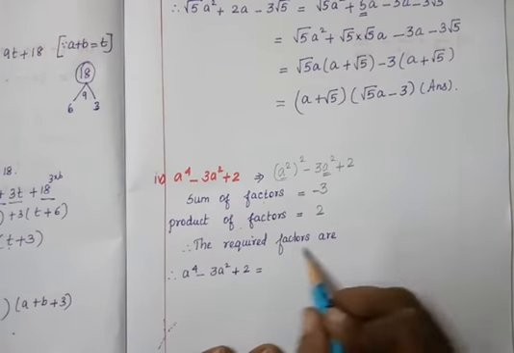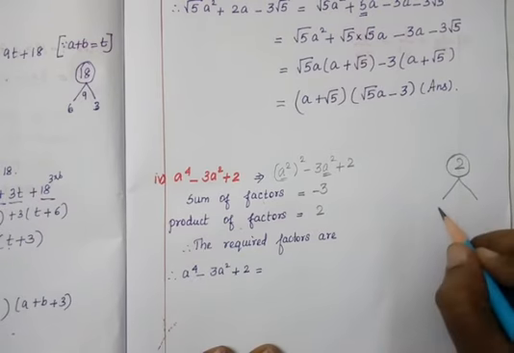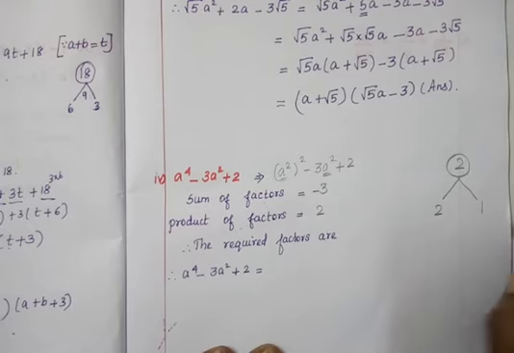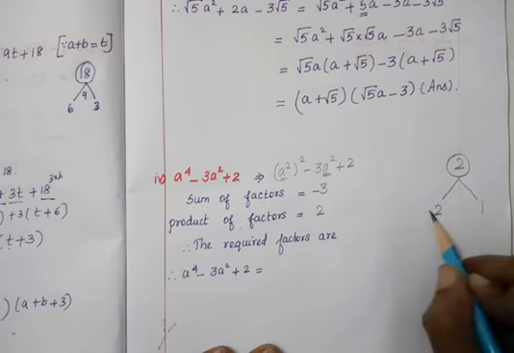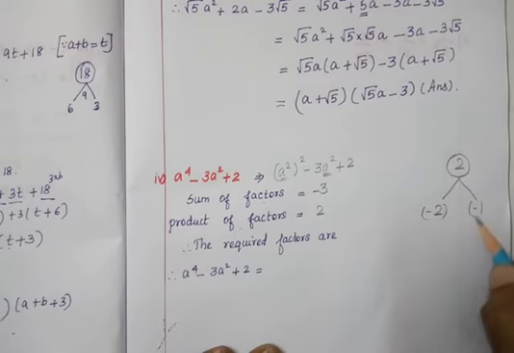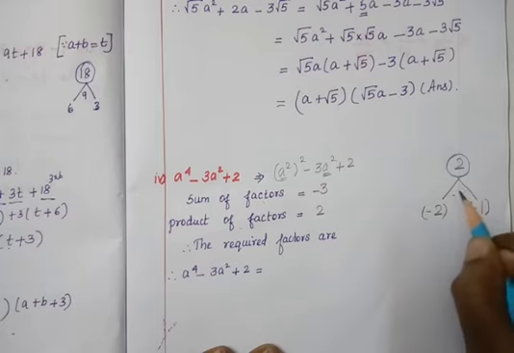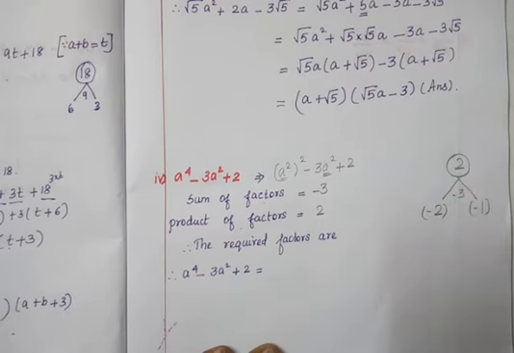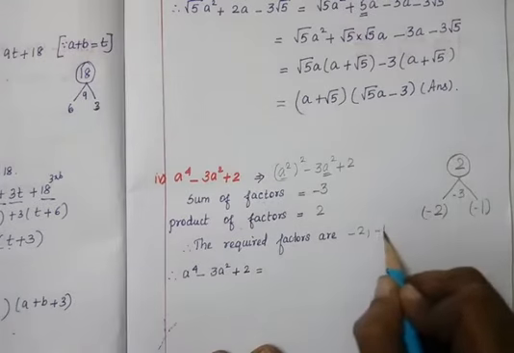Now required factors: 2 can be split into two factors, that is 2 and 1. 2 into 1 is 2, and sum of factors means that is minus 2 and minus 1. So minus 2 plus minus 1 equal to minus 3 and minus 2 into minus 1 equal to 2. So the factors are minus 2 comma minus 1.